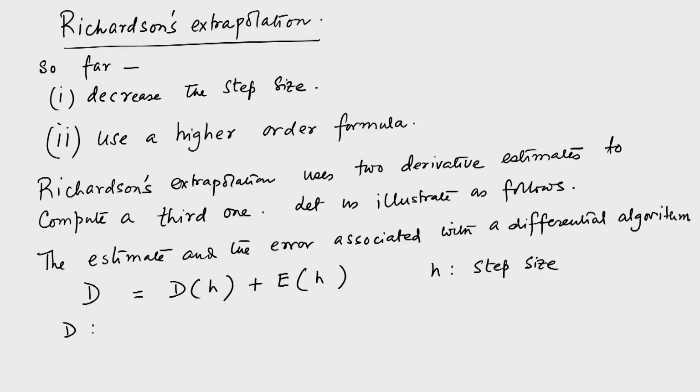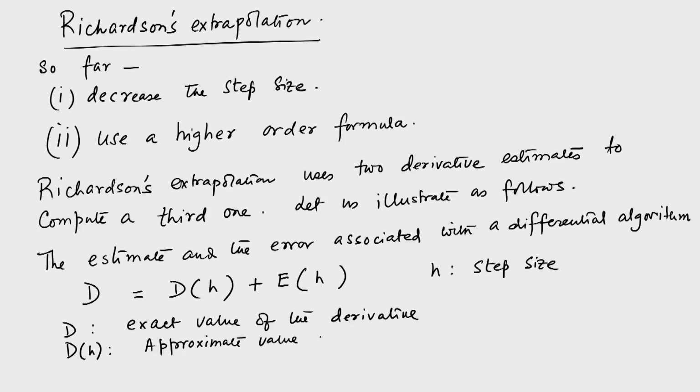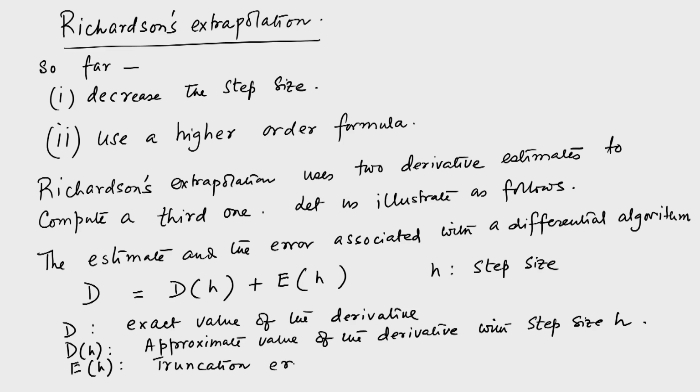So, just to make our notations clear, d is the exact value of the derivative, d h is the approximate value of the derivative with step size h, and E h is basically nothing but the truncation error associated with the step size h.